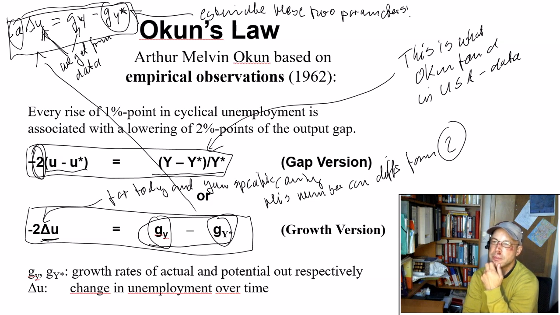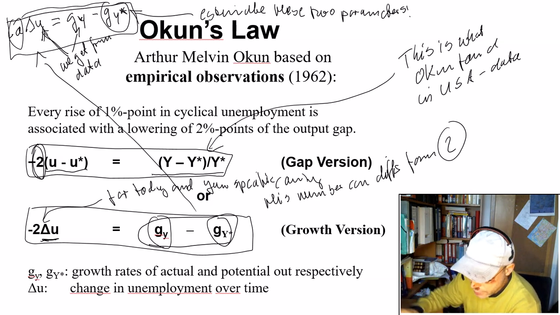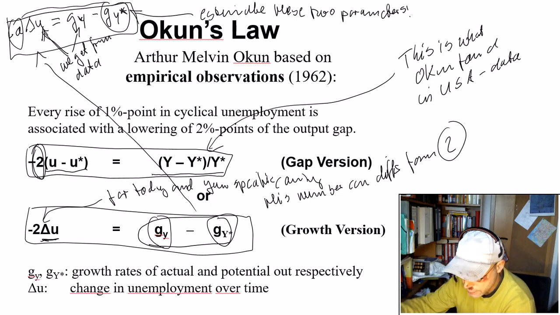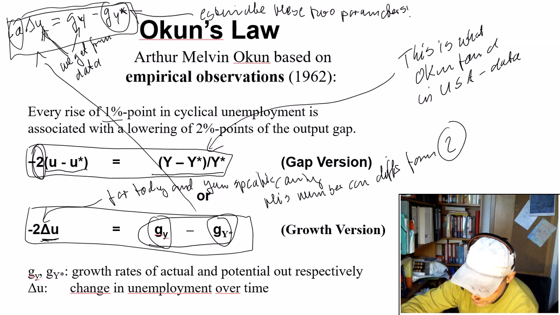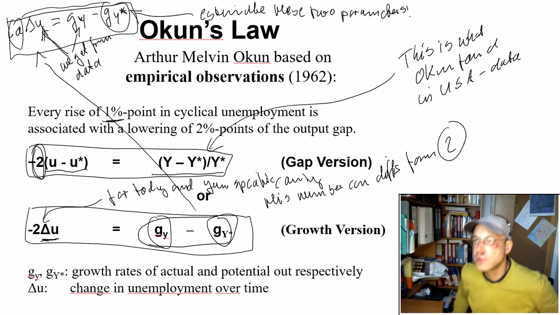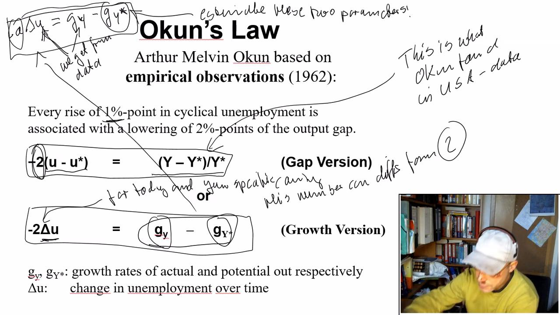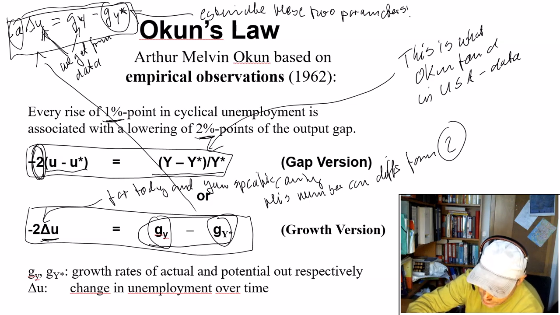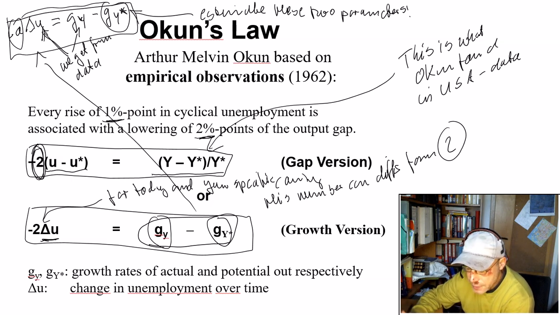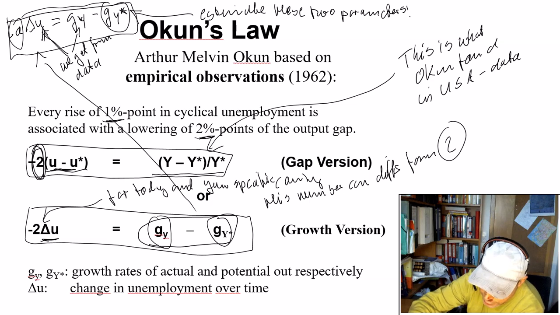But what was a bit surprising is that this is not only a one-to-one mapping, but that we found in the United States data that a difference in the cyclical component of unemployment, a rise of 1%, would lower, so to speak, economic growth or the output gap by 2%.